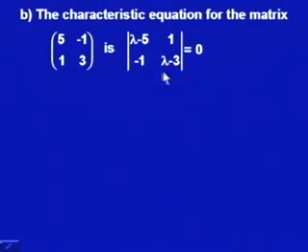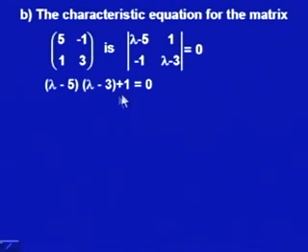In the next part, we have been given a 2 by 2 matrix. We have to first find the characteristic equation. So we write down the determinant of lambda minus 5, 1, minus 1, lambda minus 3 is equal to 0.